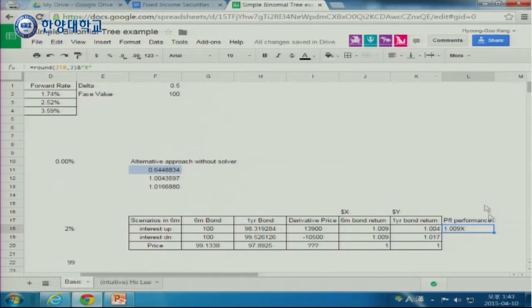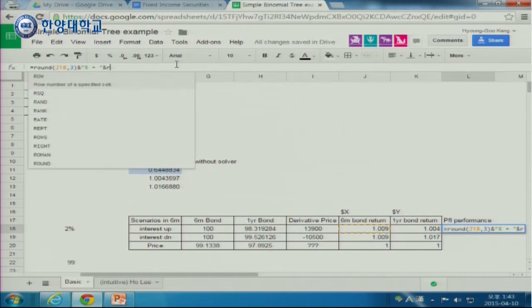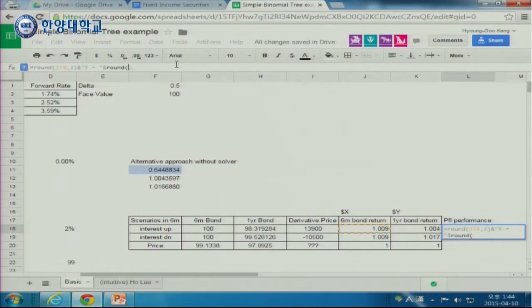But then if I invest Y dollars in the long-term bond, it becomes this. Now my performance is something like this, right?